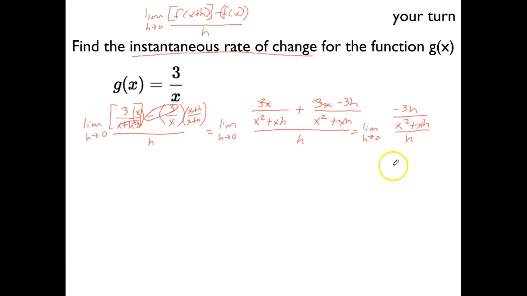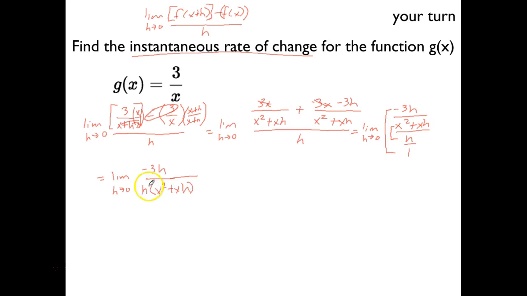Well, I want to combine this, so I have one fraction, so I need to put h over 1 and do the sandwich method. So this times this will be my new numerator, that times that will be my new denominator. So we'll have the limit as h approaches 0 of a negative 3h over, and I am going to leave the h not distributed, and you're about to see why, x squared plus xh.